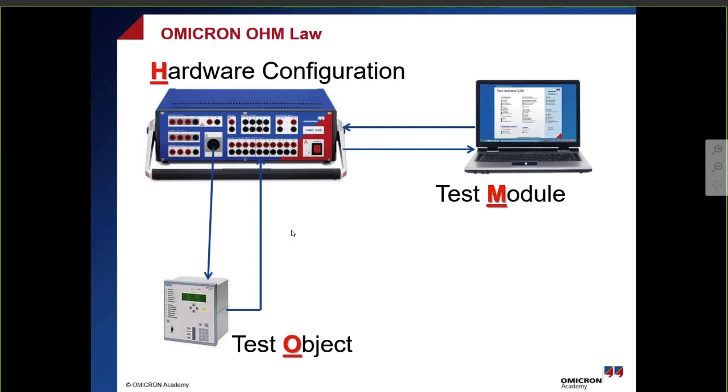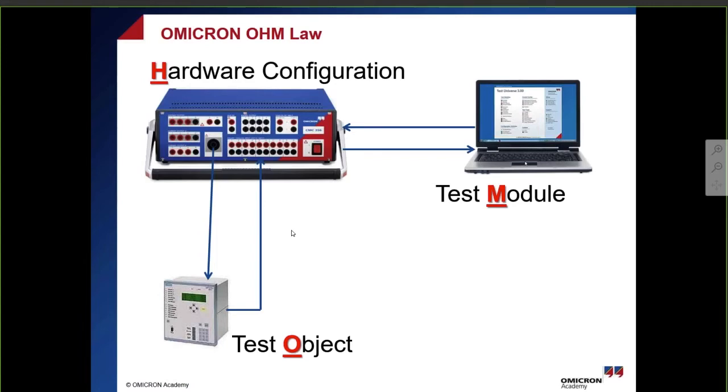The first step is, for sure, to configure our test object, our relay, getting the settings from this relay or device under test, because it can also be an energy meter, for example, or a transducer. We need to get the parameter settings, then we need to configure the hardware, like binary inputs and outputs, how many current channels and how many voltage channels are needed.